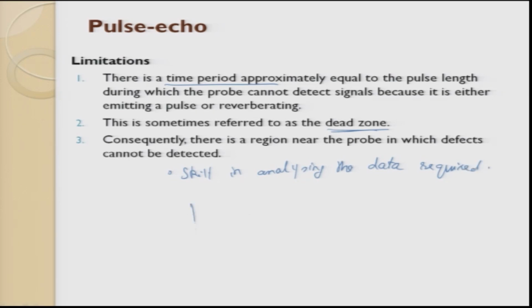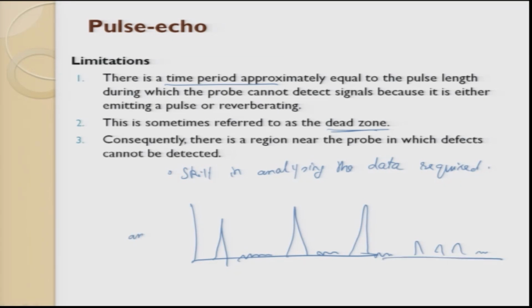because there can be signal, there can be several noise, there can be signal noise. This is the amplitude, this is the time, okay, and then these are weak signals. This can be signal and this can be noise.